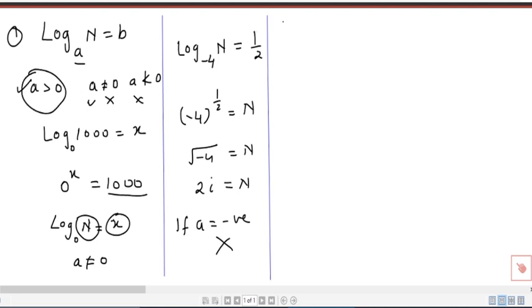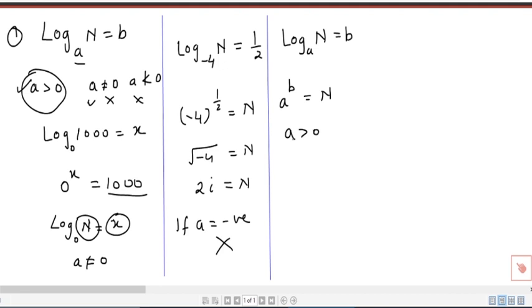Now let's talk about n. We know that log base a of any number n is equal to b, which means a to the power b is equal to n. Now I have already established that a is greater than 0.